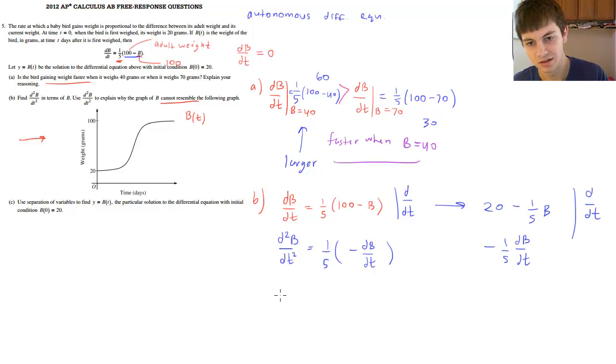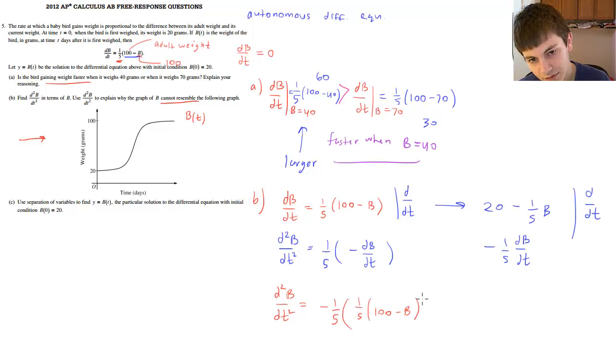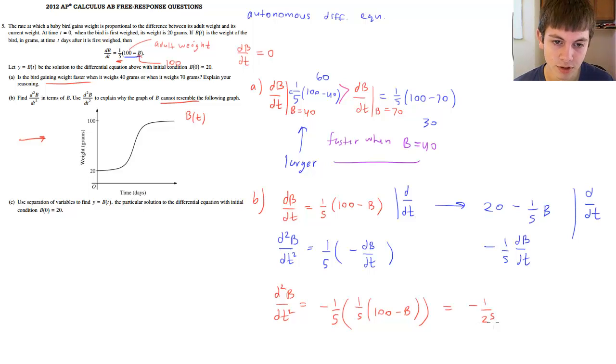So d squared b over dt squared is minus 1/5 times this, 1/5 times (100 minus b). Okay, so that's interesting. Negative 1 over 25 times (100 minus b). And that form should allow us to do some analysis here.